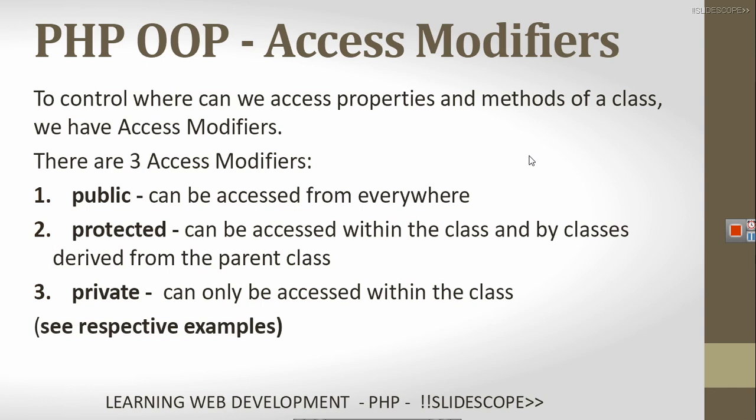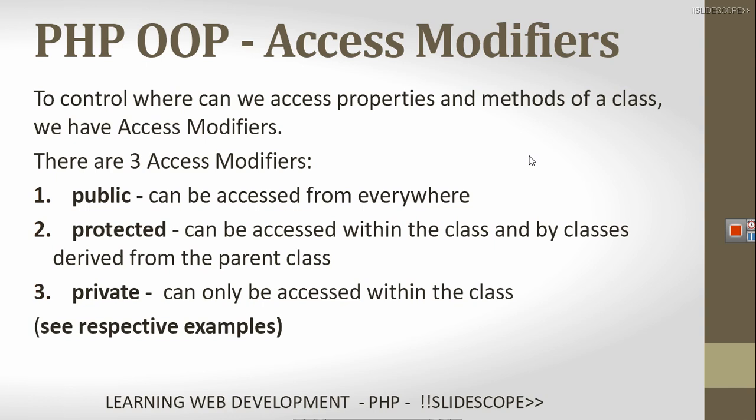Then we have the private modifier. It can only be accessed within the class. So suppose we have set a particular variable to private, then that variable can only be accessed within the class and cannot be accessed outside the class.